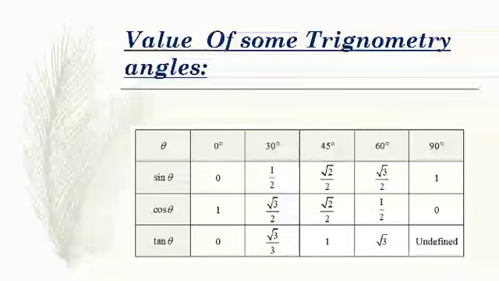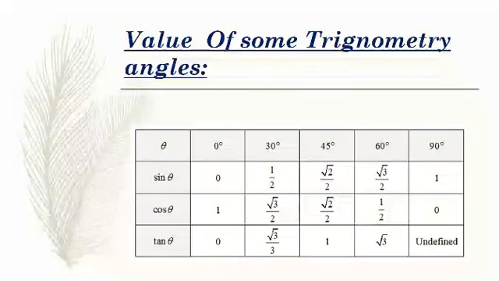So, we also studied about this table in the last class, that is sine 0 degree value is 0, sine 30 degree value is 1 by 2, sine 45 degrees root 2 by 2, sine 60 degrees root 3 by 2, and sine 90 degrees 1, that is sine value increases with the increase in its angle.